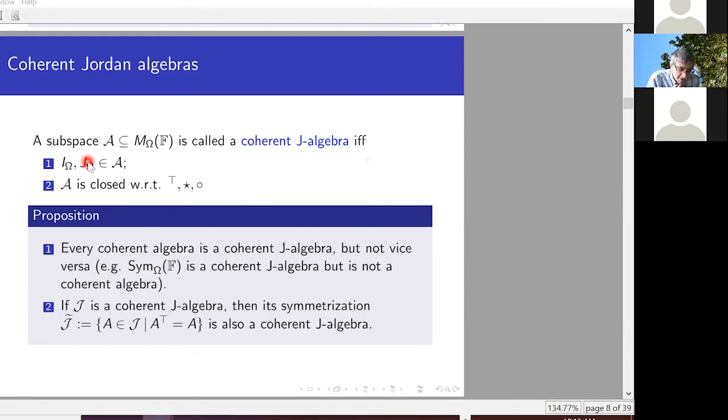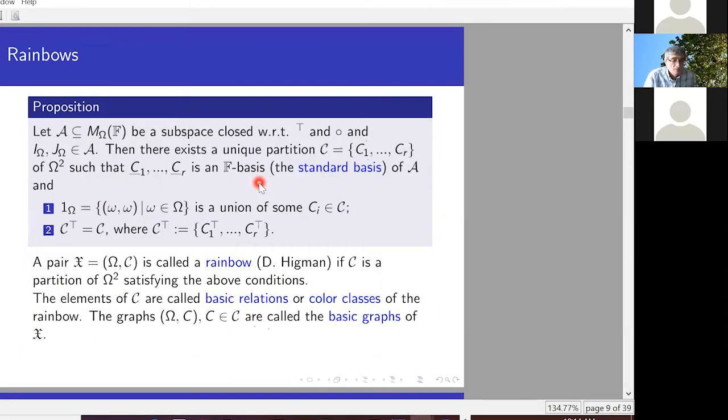So what happens if we have a subspace of matrices which contains these two units and which is closed with respect to transposition and Schur-Hadamard product? You can prove the following proposition.